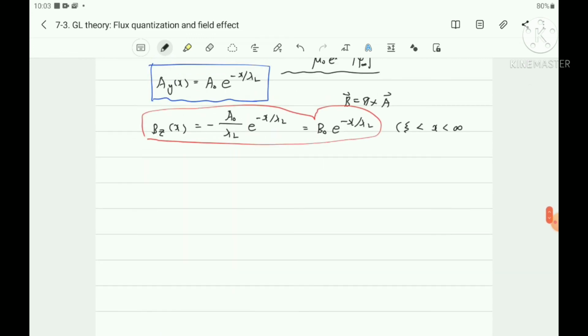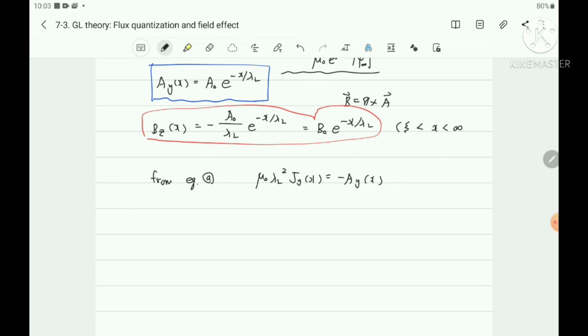From equation A, mu zero lambda L square JYX equals minus AYX.